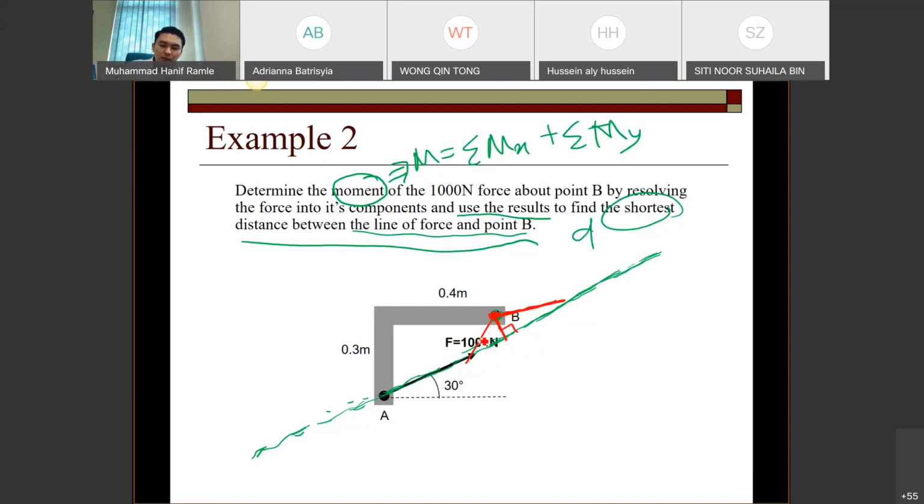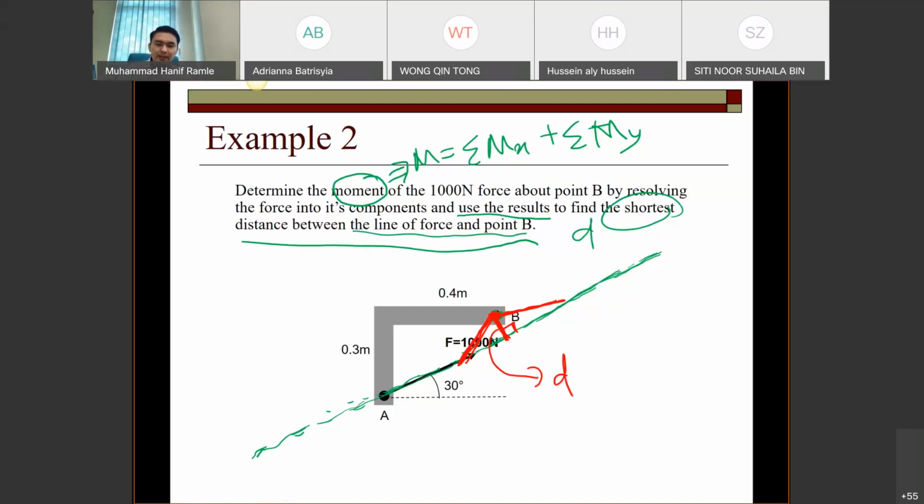This line is not the shortest distance, and the shortest distance should be perpendicular, from the line of action to the point B. So you have to keep in your mind what the shorter distance is, from where to where. The shortest distance should be perpendicular. So this is the thing that you have to find, D.